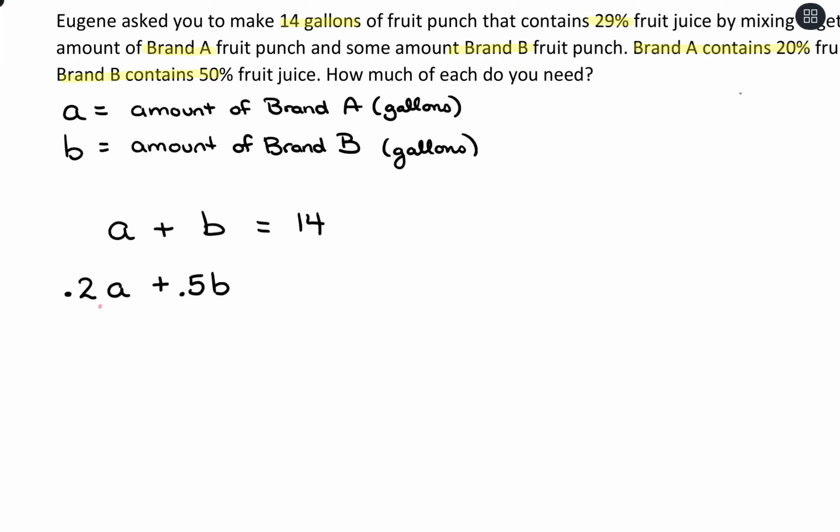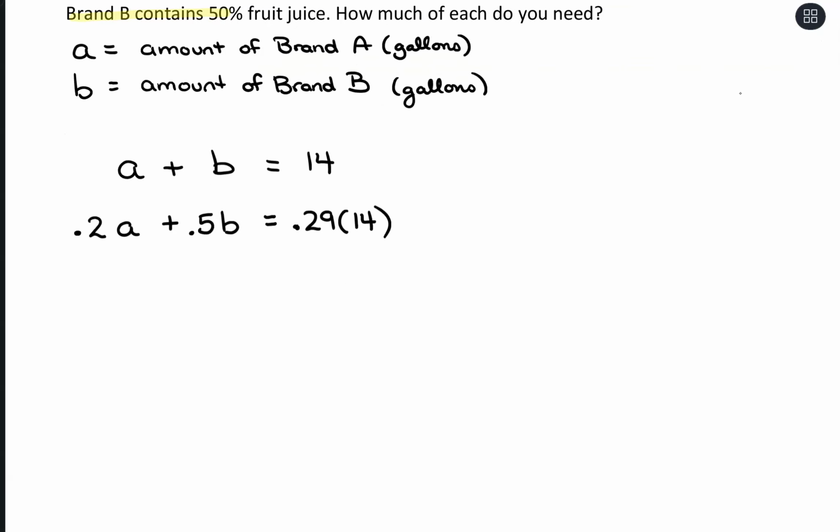That total should equal 29% of our final 14 gallons. So we're taking 29% of 14. We have a little calculation to do on that right-hand side, so let's simplify that down.